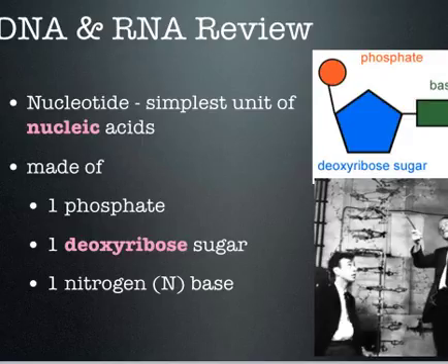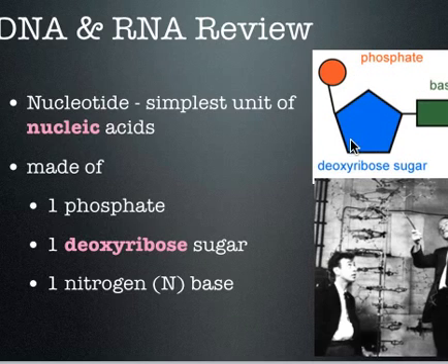Okay, underneath your notes, called Cracking the Code, you have nucleotide is the simplest unit of nucleic acids. This is also a review. So the test you just took. And a nucleic acid or a nucleotide is the simplest unit.